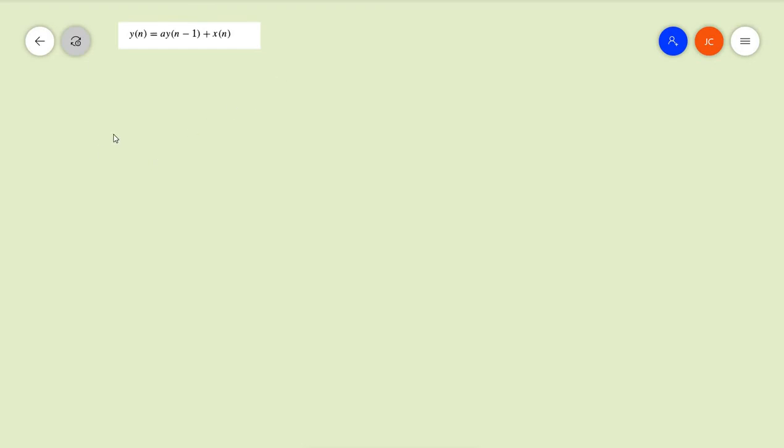The input would be x of n, and then we put an arrow. x of n does not have a constant, but we know that it is combined by an addition, so we put that, and then y of n.